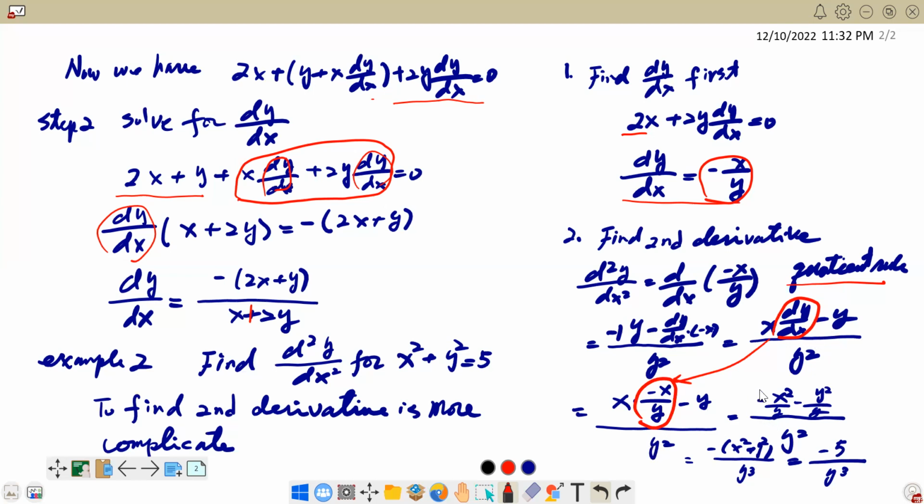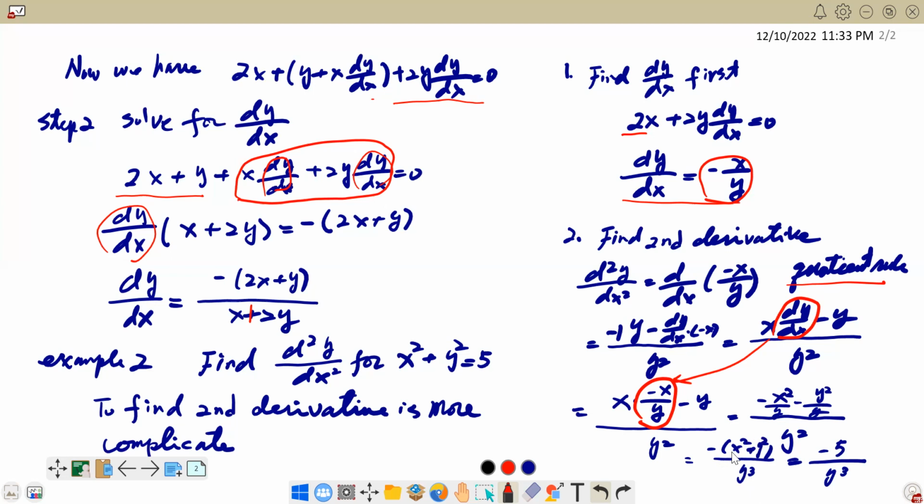Now the numerator becomes negative x squared over y minus y squared over y, since y is y squared over y, all over y squared. Now this y goes down, so you get y to the third.